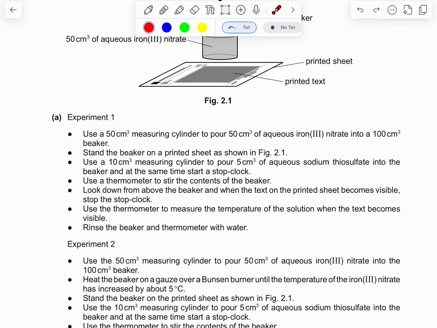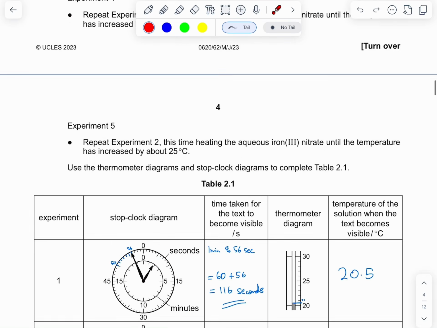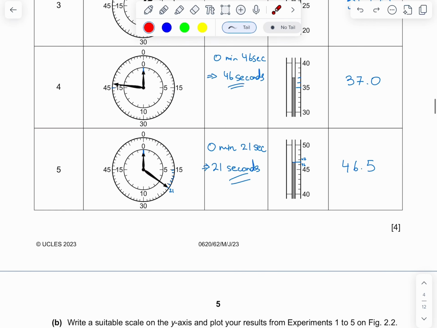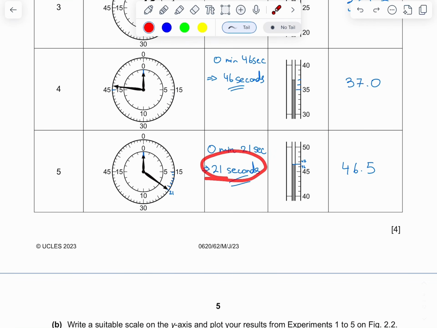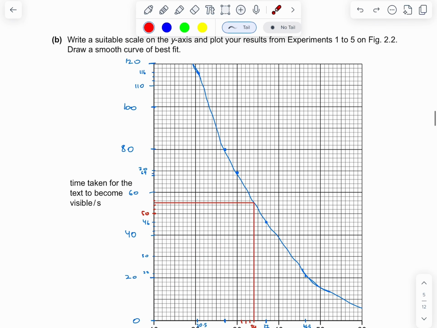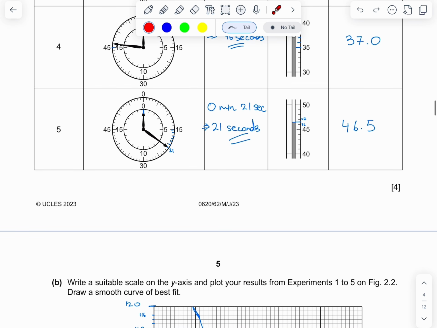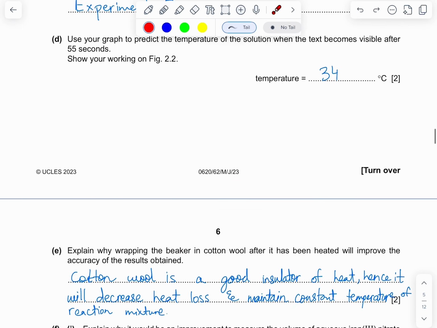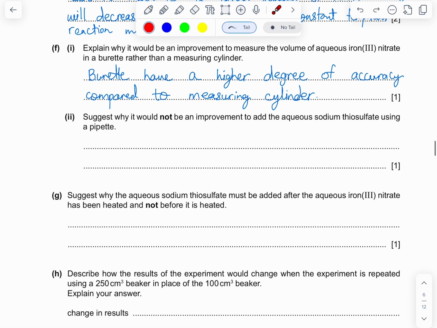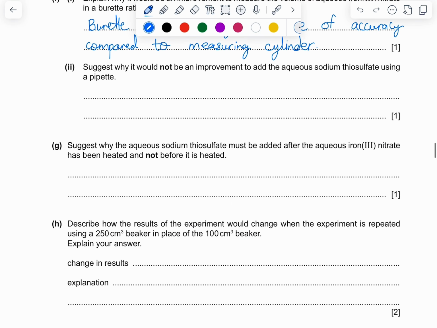Using a pipette, adding stuff drop by drop, is not going to have the same effect. The reaction would be uneven. For example, this time taken was 21 seconds for the reaction to be completed. This would differ if we were adding from a pipette. So a pipette would change the rate of reaction because it's a slow way of transferring liquids. That is something you can write.